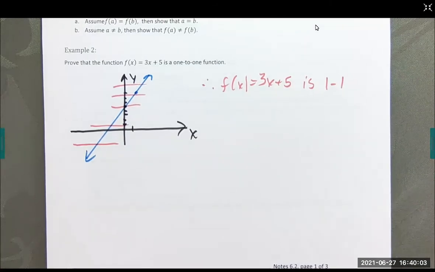All right. Now, to be clear, in higher mathematics, sometimes the entire function is not one-to-one. And what we can do is we can limit its domain so that we only are dealing with a one-to-one portion of it.